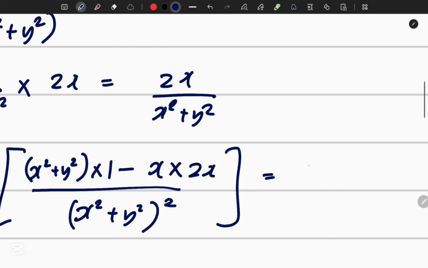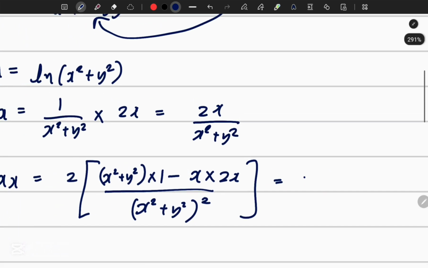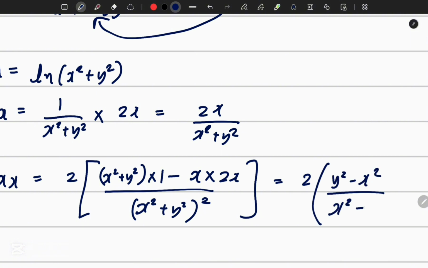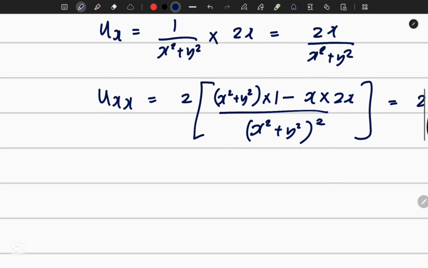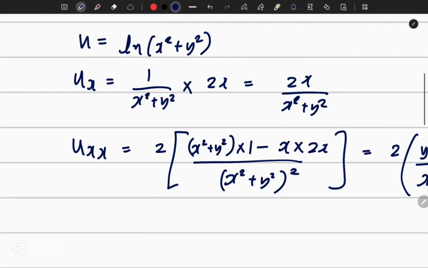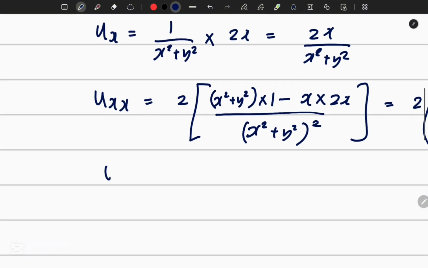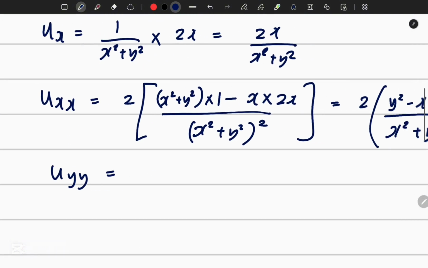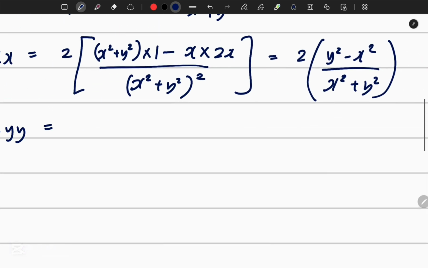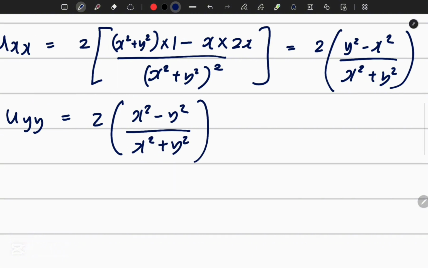So this is 2 times (y² − x²) over (x² + y²)². Similarly, since this is identical, I can write u_yy by looking at this. It equals 2 times (x² − y²) over (x² + y²)².